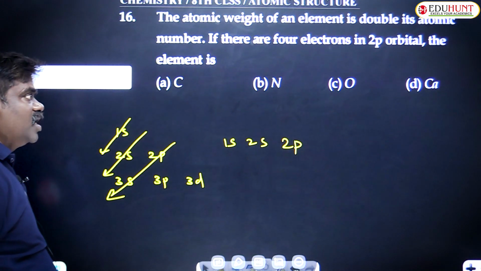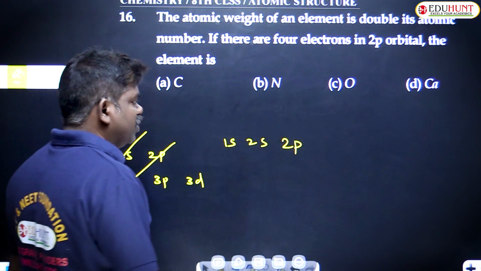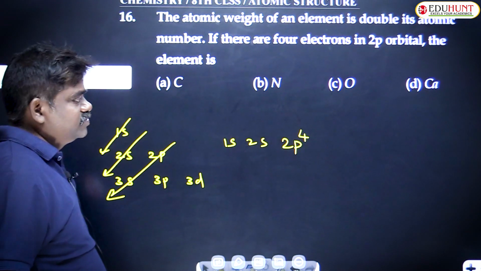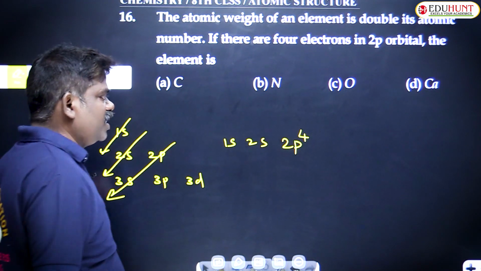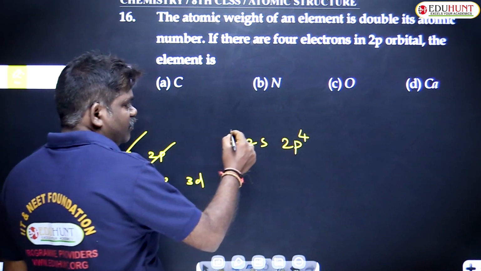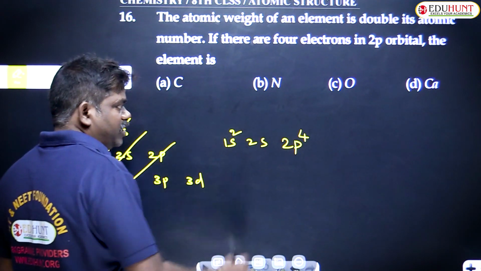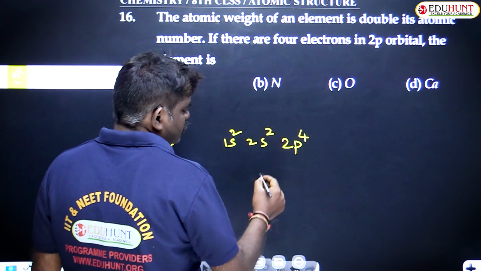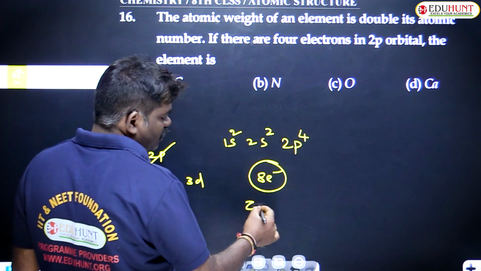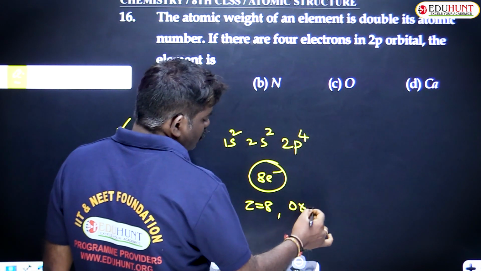If there are 4 electrons present in 2p orbital, here must be 2p4, and inside must be filled electrons 2s, s orbital, maximum number of electrons filled in s orbital 2, and here also 2. Total 8 electrons present. So, 8 electrons means atomic number 8, it is known as oxygen.